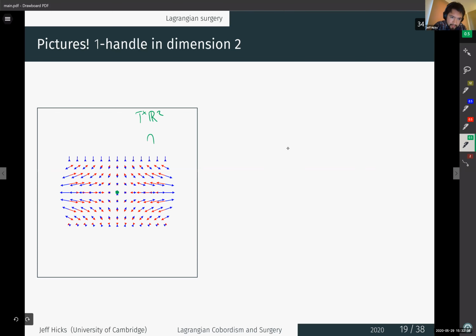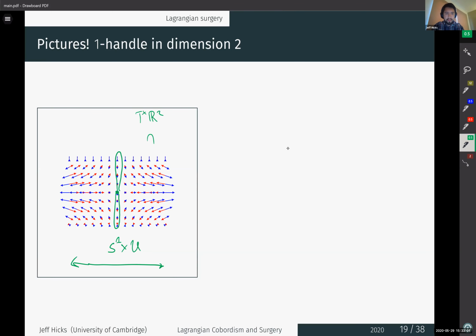However, if you cut along this slice over here, you'll see an isotropic sphere with a self-intersection. So this is a Whitney isotropic S1, in a one-dimensional family.